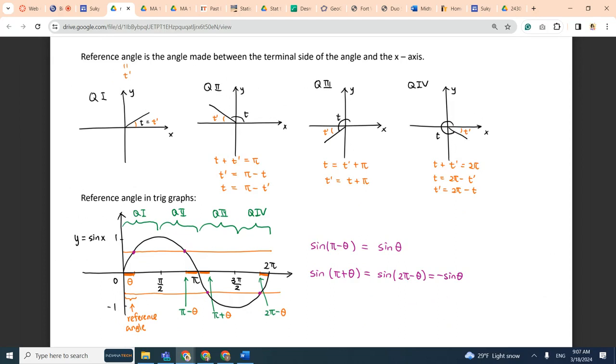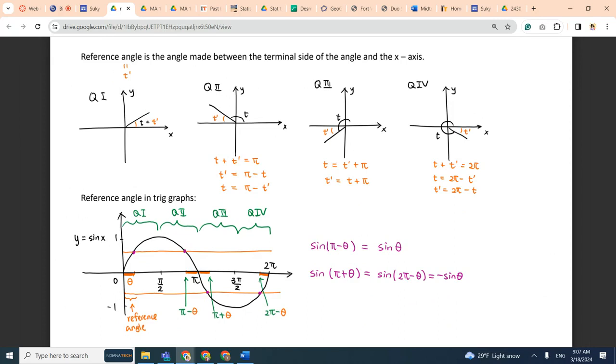And how about, this is the y value, right? If we look at the negative y value with the same magnitude, and we draw the horizontal line, do you see it intersects the graph in the third and fourth quadrants? Yes. What is that angle? Do you see this little piece is theta, right?